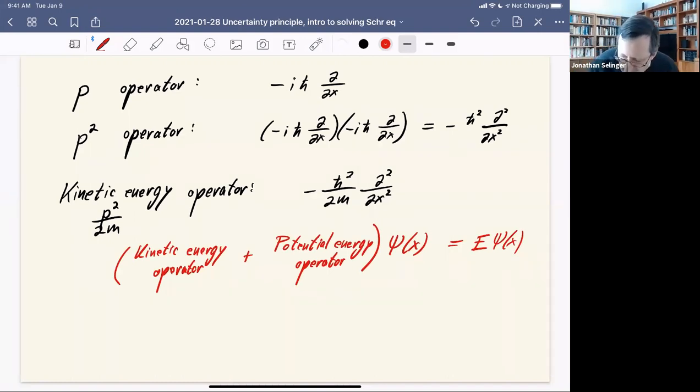Okay, so here we have kinetic energy plus potential energy, right? Well, what you're familiar with from, say, university physics is that the kinetic energy plus the potential energy equals the total energy.